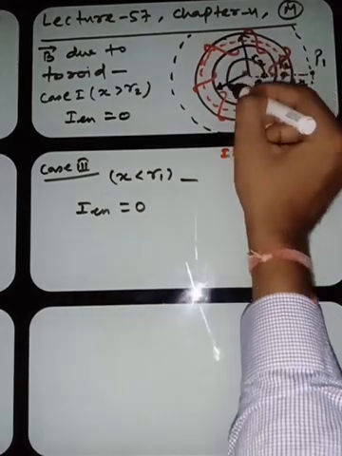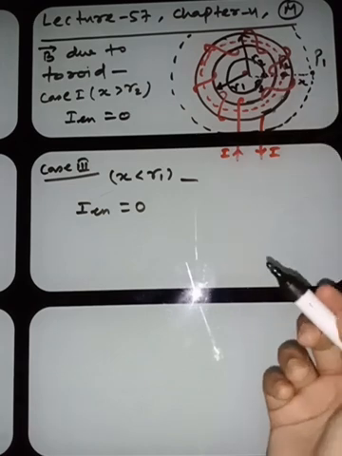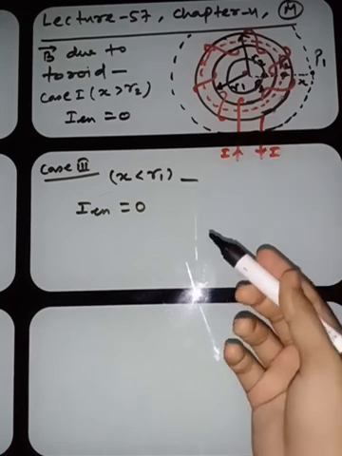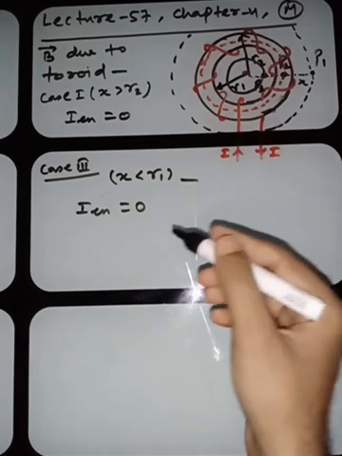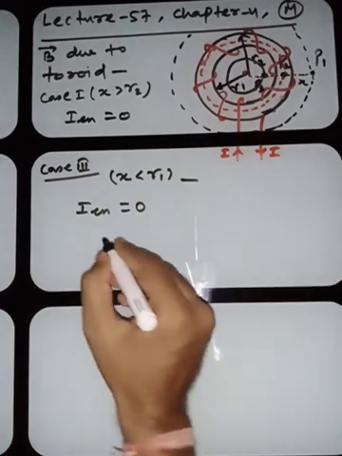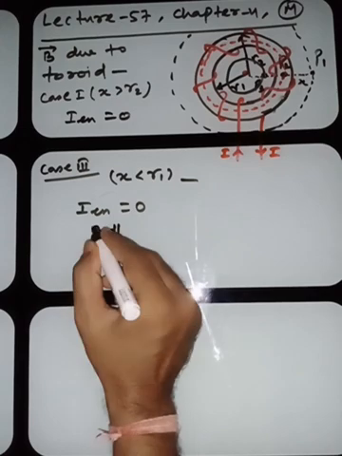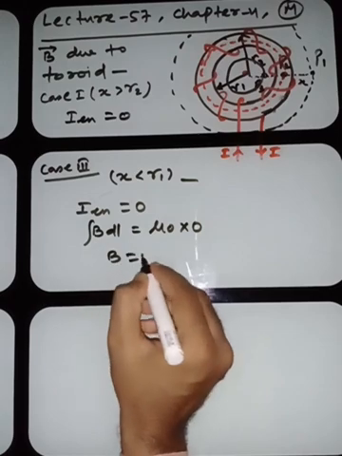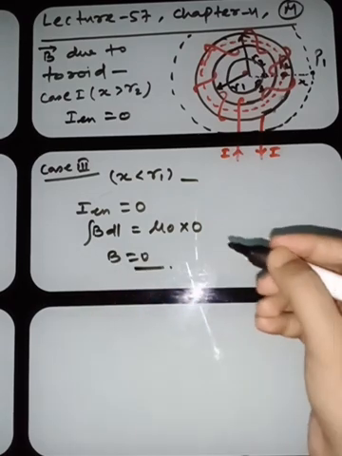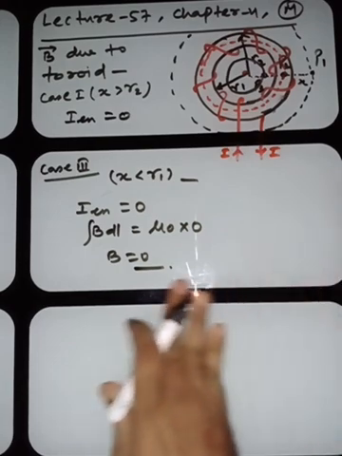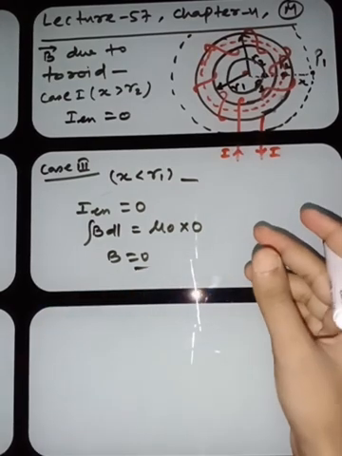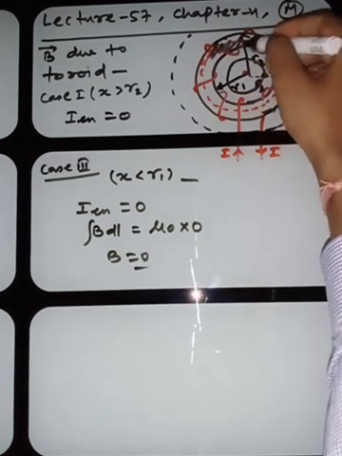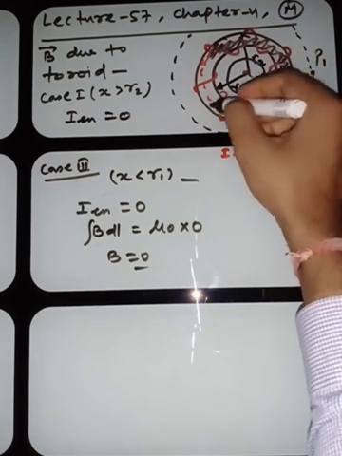If you make an Amperian loop this way, you are not getting any current inside this loop, so I enclosed is 0. So B dot dl is mu naught times 0, and B will be 0 as well. From this result we can conclude that the magnetic field due to the toroid only exists in this space, as we discussed in the last class.